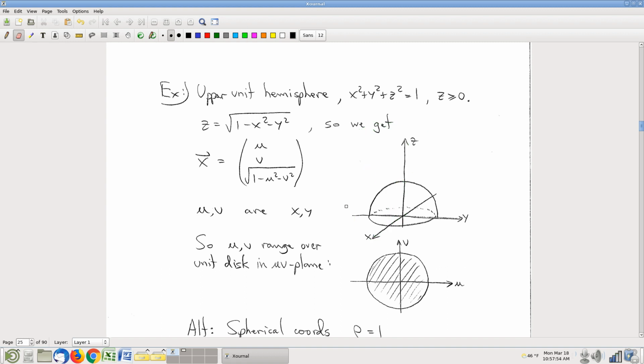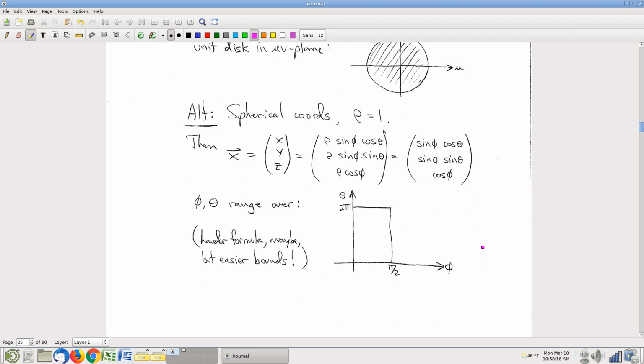And then for any given value of theta, such as that one, phi starts at 0 and ends at pi over 2. So you can see here, theta goes from 0 to 2 pi. Phi goes from 0 to pi over 2. Our pullback domain is this rectangle.